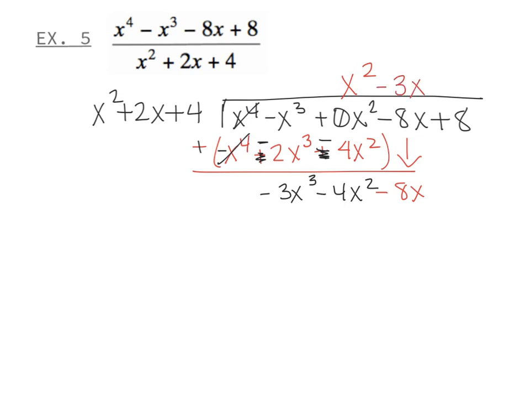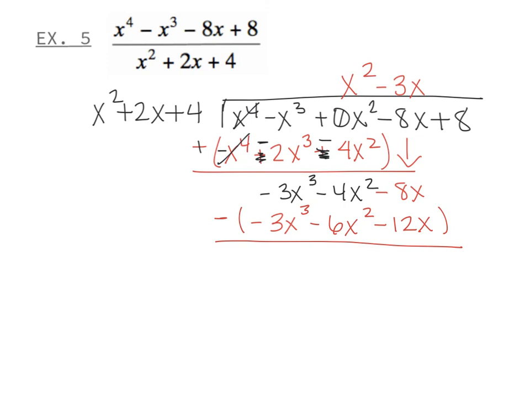Multiply all that to the trinomial. That gives me negative 3x cubed. And then I have negative 3x times 2x gives me negative 6x squared. I have negative 3x times positive 4 is negative 12x, parentheses and then minus.